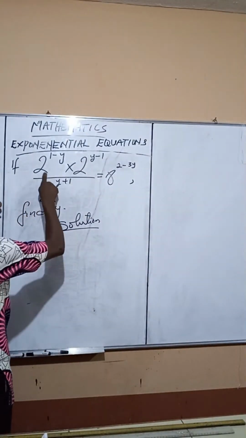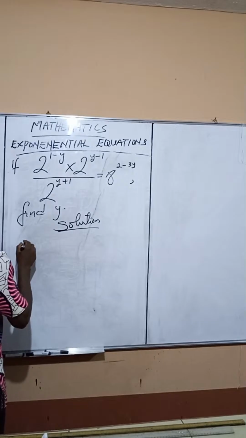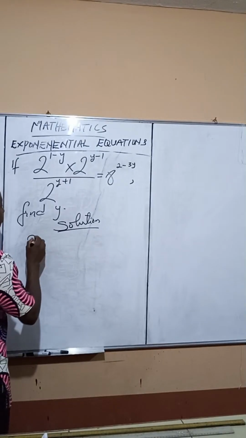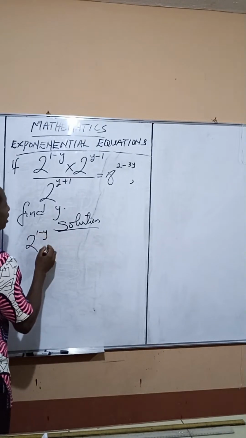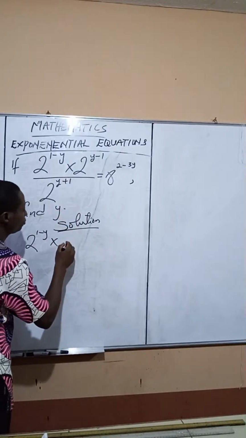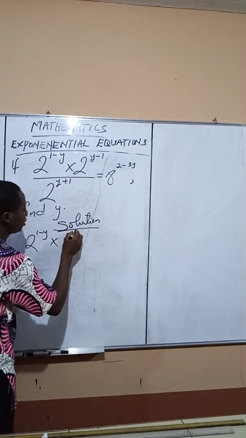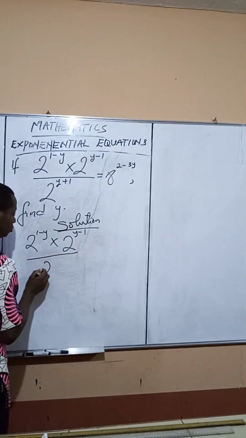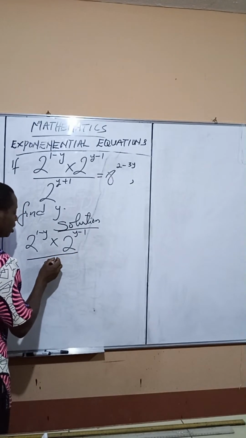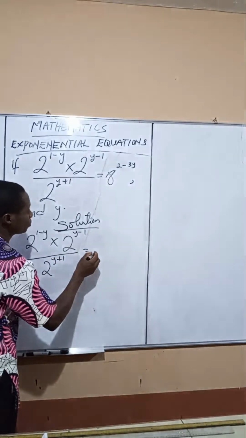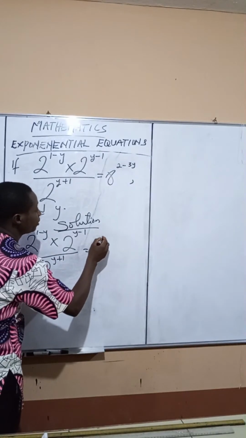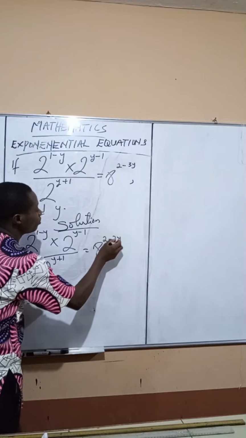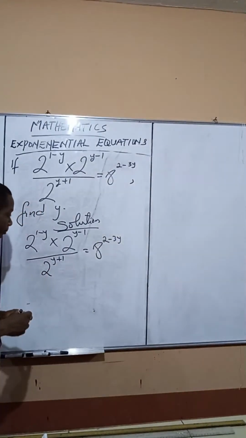Let's write it: 2 raised to power 1 minus y times 2 raised to power y minus 1, divided by 2 raised to power y plus 1, equals 8 raised to power 2 minus 3y.